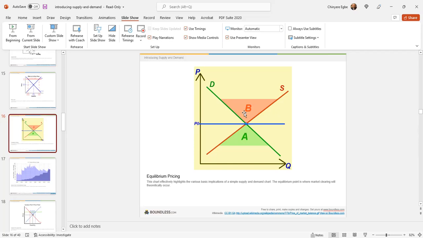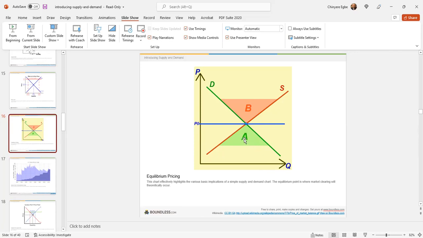What you have is a surplus. So there's a surplus in the market, and you can see it's in the shaded area B. Now, if the price is too low, the quantity supplied will be low and the quantity demanded will be high. And so in the shaded area A, you have what you call a shortage.